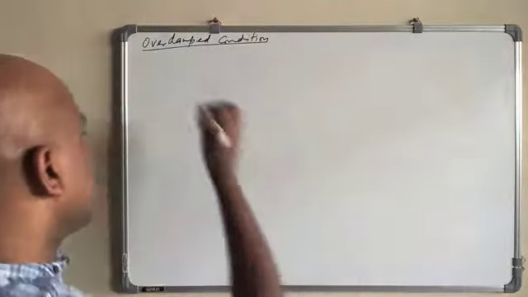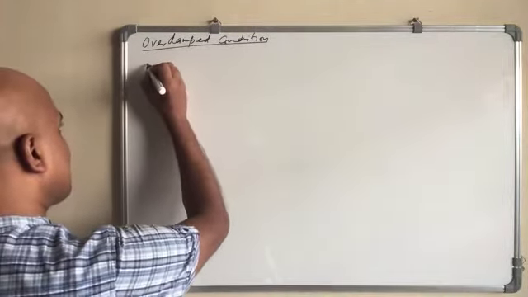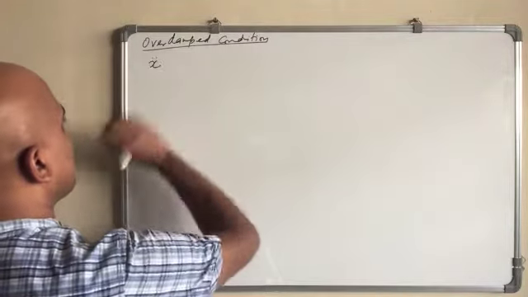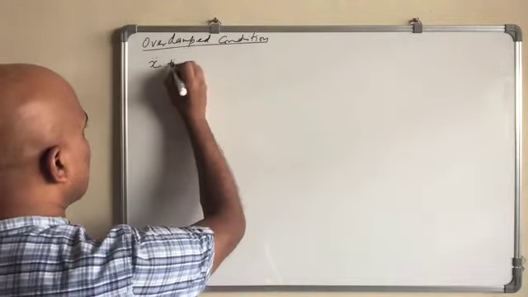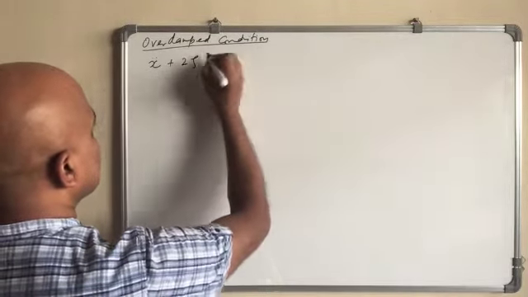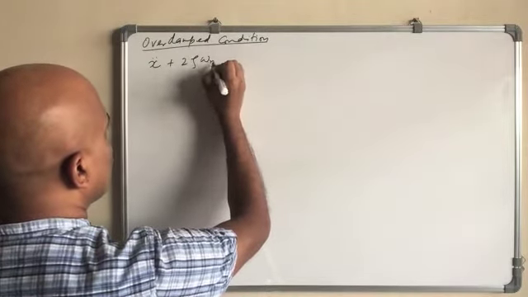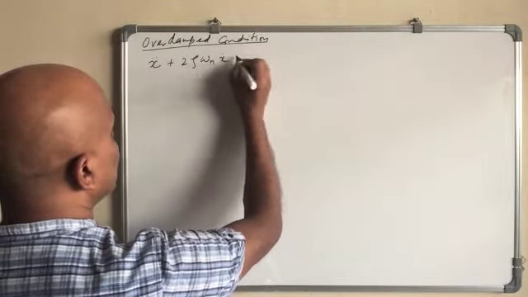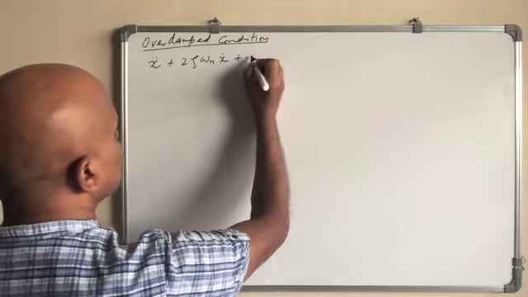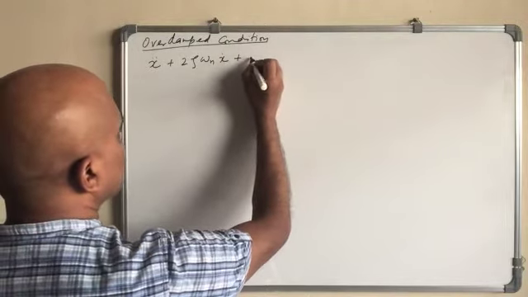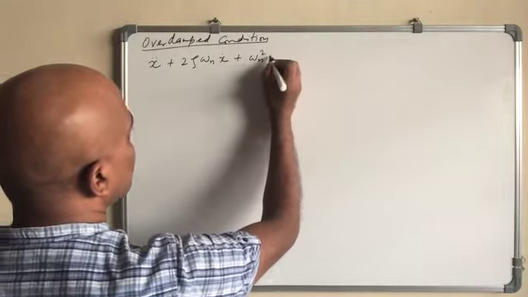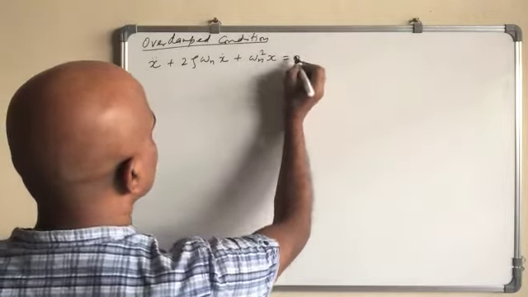Okay, so the equation remains the same: x double dot plus 2 zeta omega n x dot plus omega n square x equal to 0.